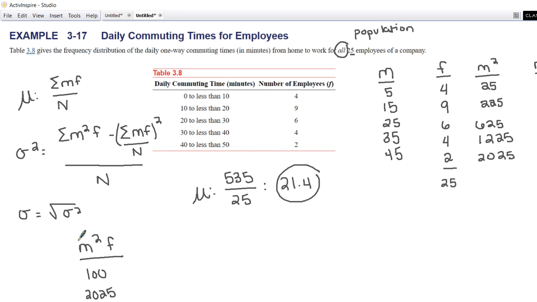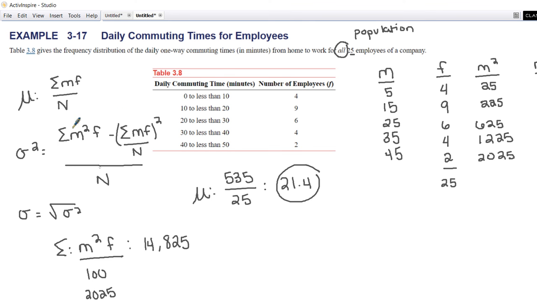Then 1,225 times 4 is 4,900. And 2,025 times 2 gives us 4,050. So the sum of that is 100 plus 2,025 plus 3,750 plus 4,900 plus 4,050, which is 14,825.